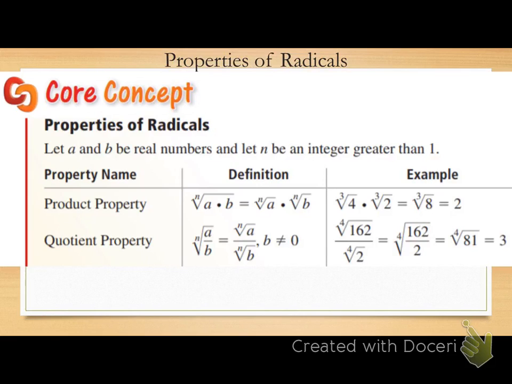So we're going to get cube roots, fourth roots, fifth roots, and so on. But any questions about the properties before we move on? Am I good to move on? Okay, I'll give you a little more time. Okay, let's go ahead and move on.